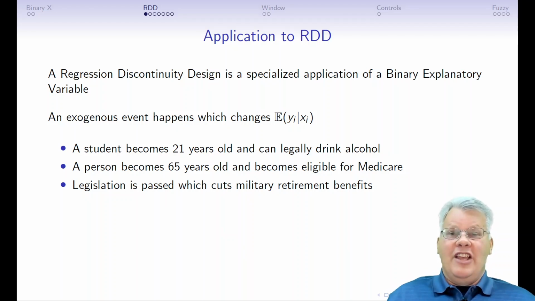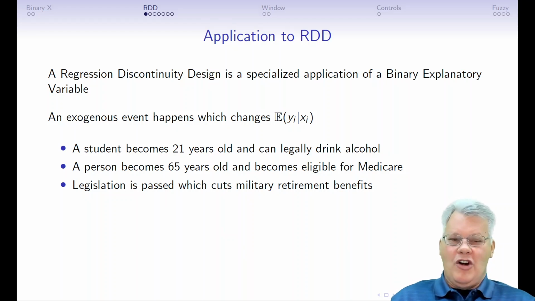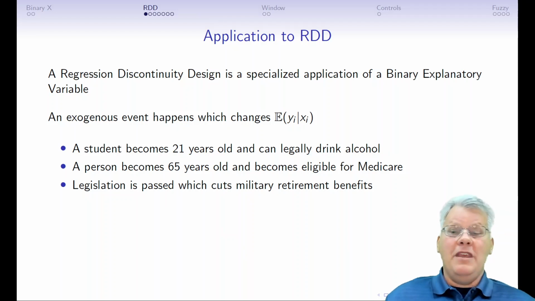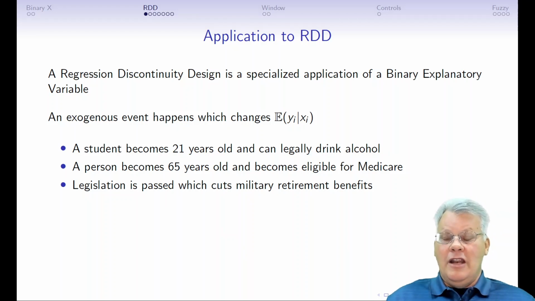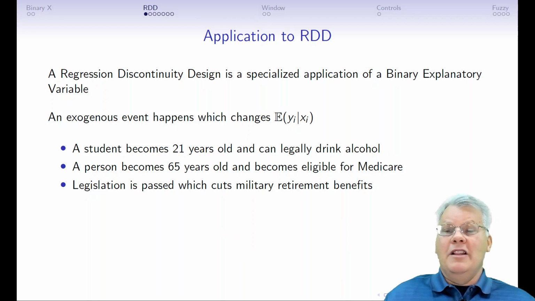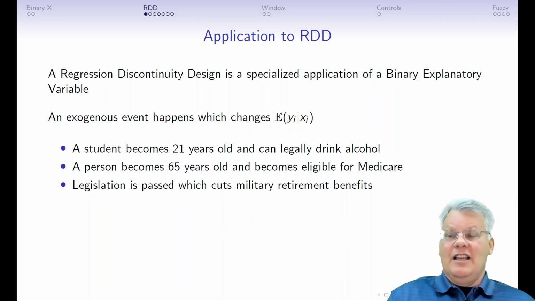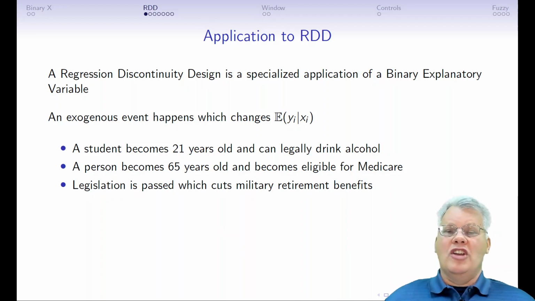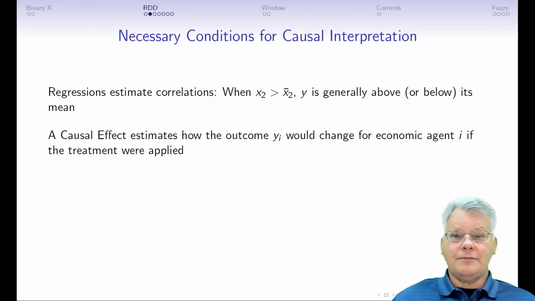And this legislation was passed that cut it to 40% for people who had their first contact with the military after August 1st, 1986. It was later repealed, but another co-author and I attempted to study the effect on people's willingness to remain in the military after this cut in retirement benefits happened. Okay, so these are all exogenous events that are determined outside the system.